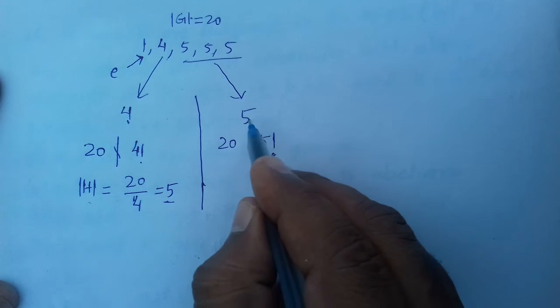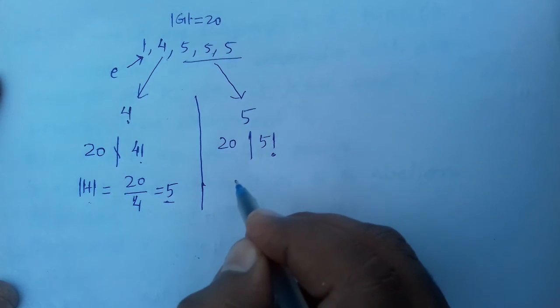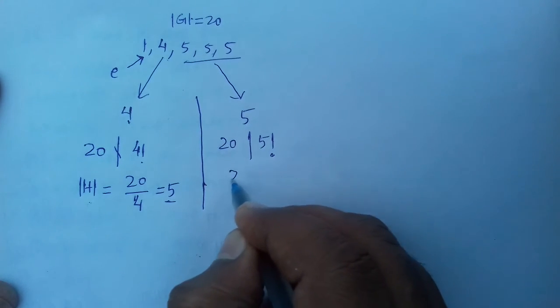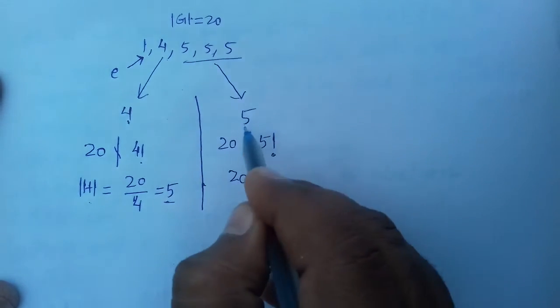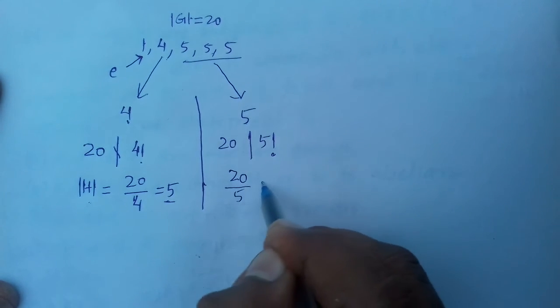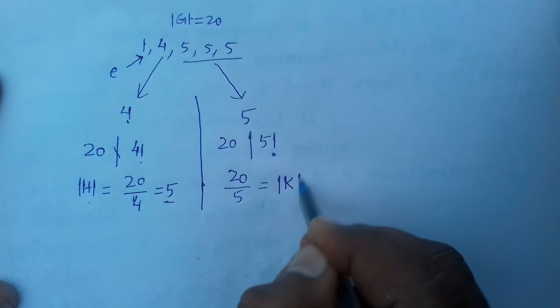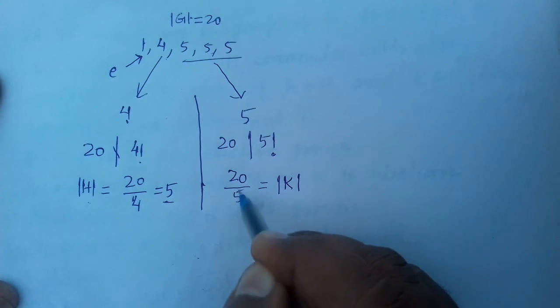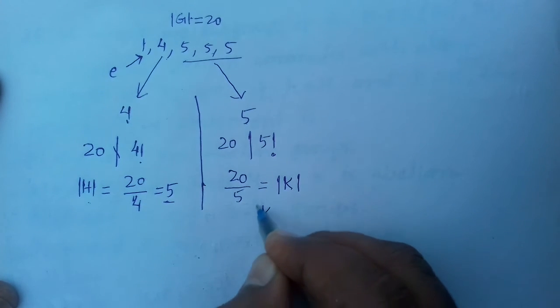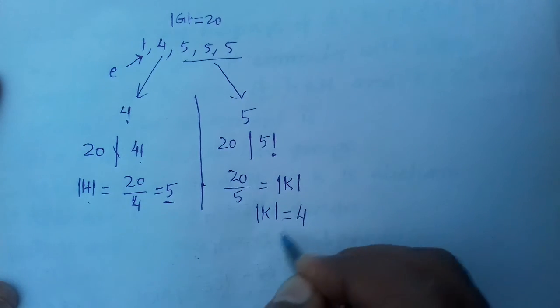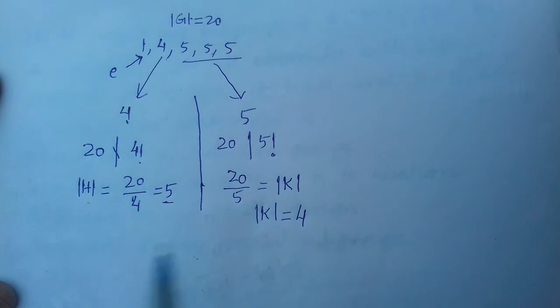So corresponding to this number, 20 by 5, there will be a subgroup, suppose K, and its order will be equal to 4. So in both cases you get subgroups. Here a subgroup of order 5, here a subgroup of order 4.